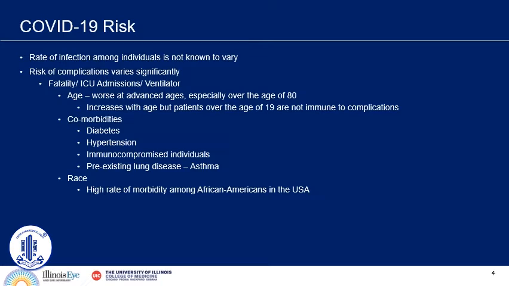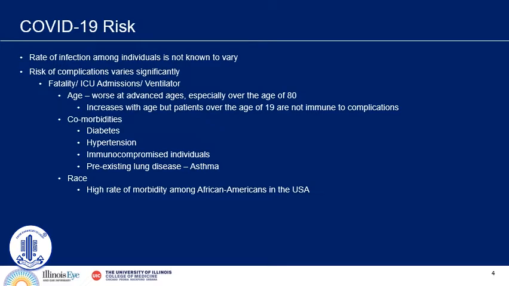However, the risk of complications of having the infection and becoming symptomatic appears to vary very significantly, and fatalities, ICU admissions, and ventilator use significantly correlate with age, especially in those patients who are older, over the age of 80, but even in patients who are 60 and 70, it appears to be a significant increase as you get older in terms of the complications of the disease.